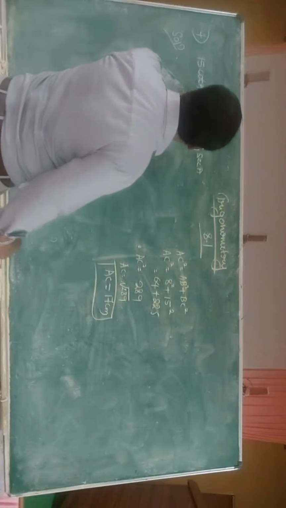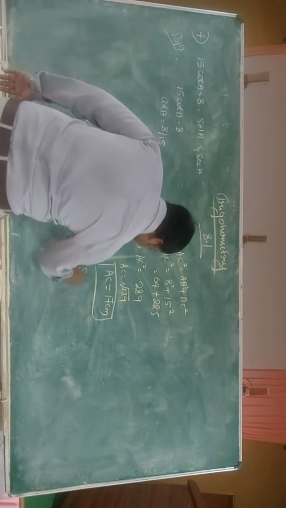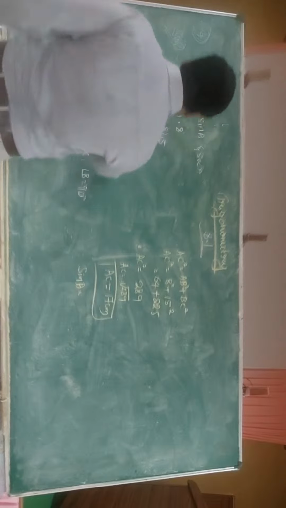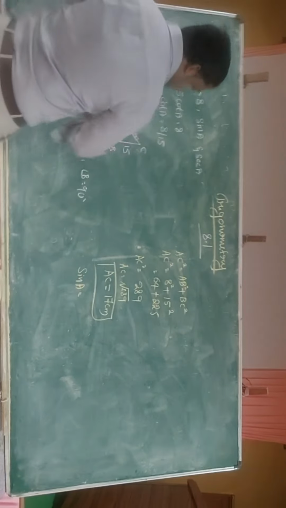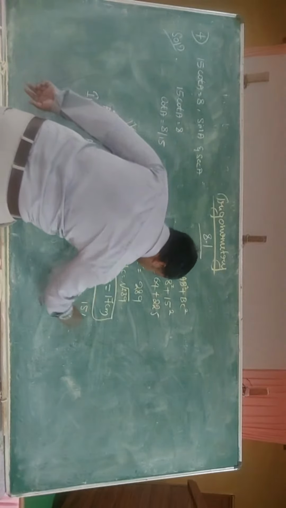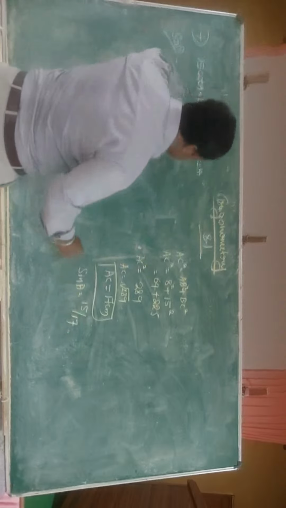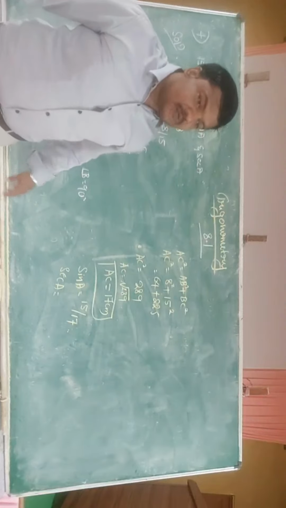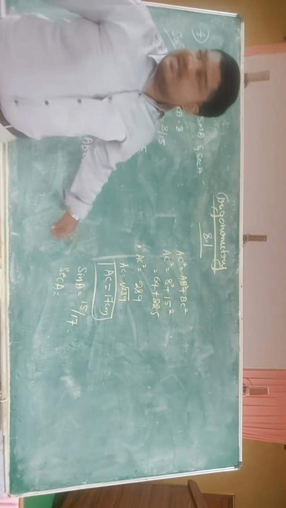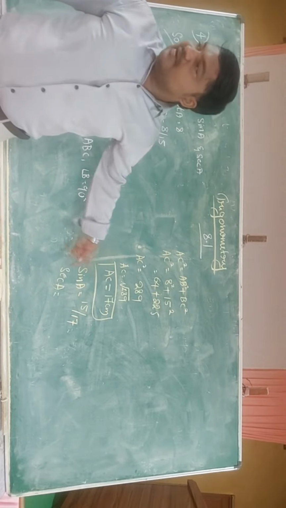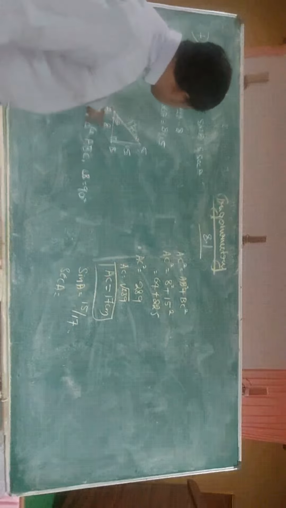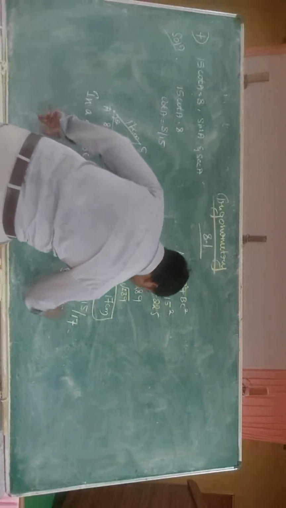Now you can write sin and sec. Sin A is equal to opposite upon hypotenuse. The hypotenuse is 17, so 15 upon 17. And next is sec A. Sec is the reciprocal of cos. Cos is adjacent upon hypotenuse, so sec is hypotenuse upon adjacent, that is 17 upon 8.